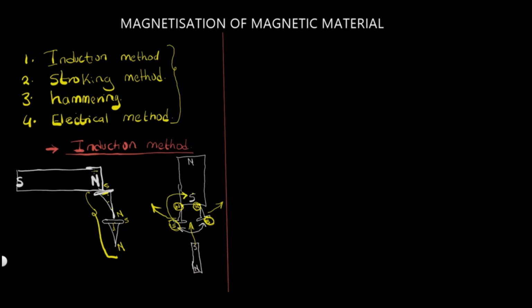In this example, we have used the north pole, so the lower pin will receive the same polarity as the part to which the pin has been attached. So this lower part will also be the north pole. That is a shortcut, a shorter way of knowing the polarities of these pins. That is all about the induction method.